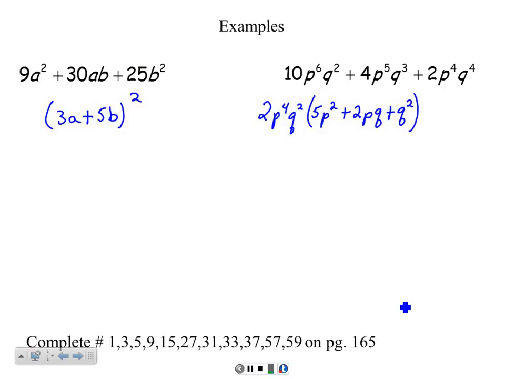And then inside we have a trinomial, but it won't factor, because if you try, you're going to have to think of things that you can multiply together to get 5, but add together to get 2, and there is nothing, so that's not possible.